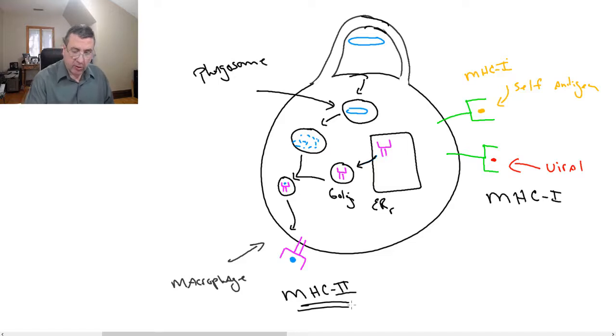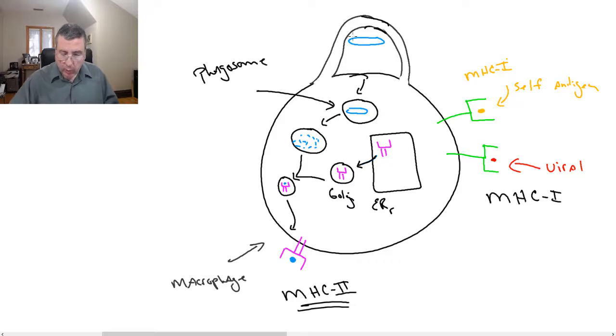So MHC II follows phagocytizing something, bringing it into the cell, tearing it apart, merging it with an MHC II platform, and then posting it on the plasma membrane.